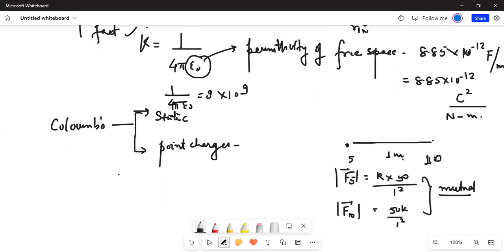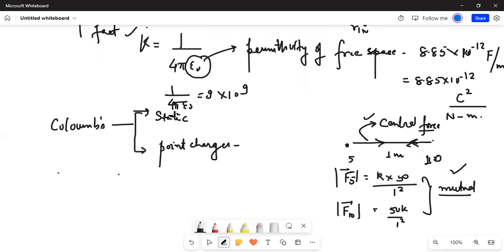The forces are mutual, although if they are similar charges, then the forces act in opposite directions. Second, it will always act along the line joining the two charges. So another characteristic of this force is that it is a central force. It is a mutual force, it is a central force.